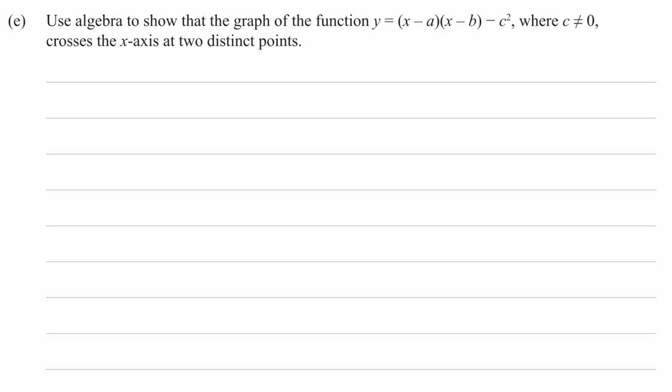All right, so when it says things like no real roots, or one repeated root, or two distinct points on the x-intercept, we should be thinking of the discriminant. And if there are two distinct points, that means the discriminant must be greater than 0.